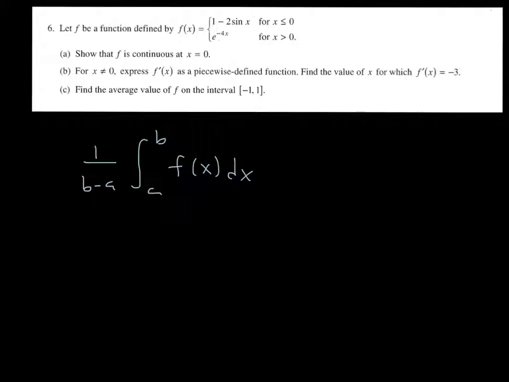Now you have a couple issues on this one because they want to know from -1 to 1. You'll notice that the function breaks at 0. So you're going to have to find the average value of one piece over one part, and then find the average value of the other piece, and then add those together.